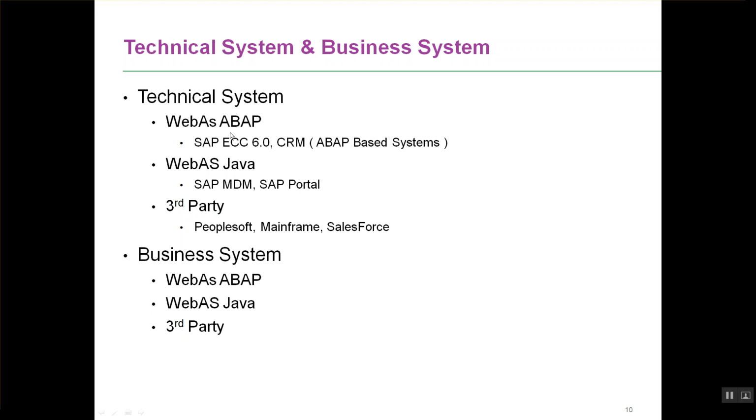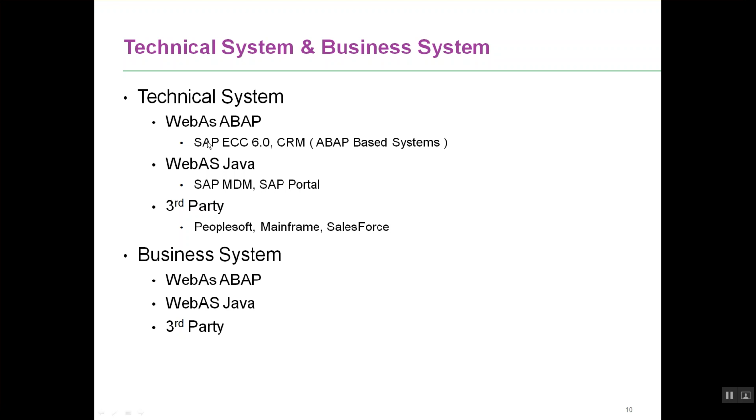And you guessed it right. If a technical system is of type web-based ABAP, the business system will also be of type web-based ABAP. If a technical system is of type web-based Java, the business system will also be of type web-based Java. If the technical system is of type third-party, the business system will also be of type third-party. Now, what is the relationship between a technical system and a business system? For a web-based ABAP, an ABAP system, as we all know, can have multiple clients. Any ABAP system will have multiple clients, right?